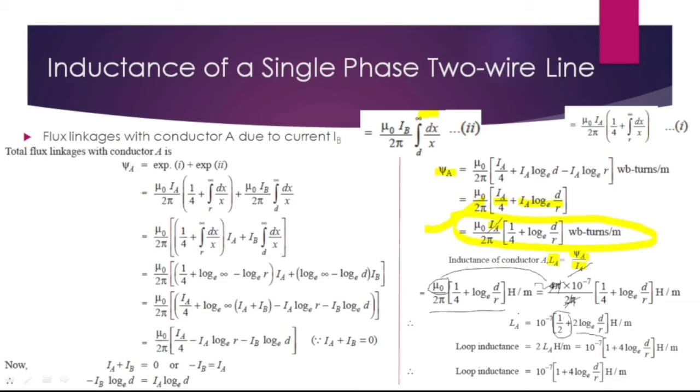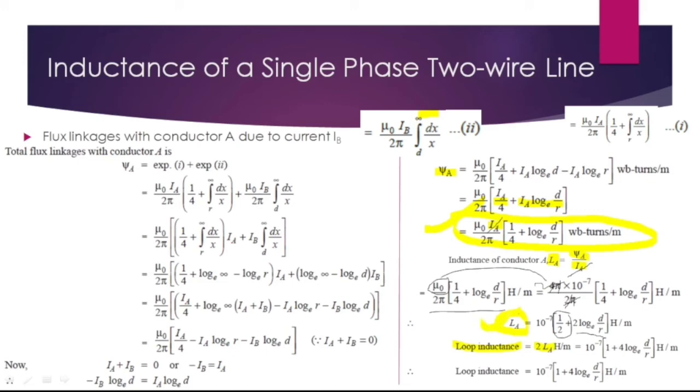This is the total inductance value for the conductor, the LA value. And for the calculation of the loop inductance, that means 2 conductors, it is 2 of LA Henry per meter.